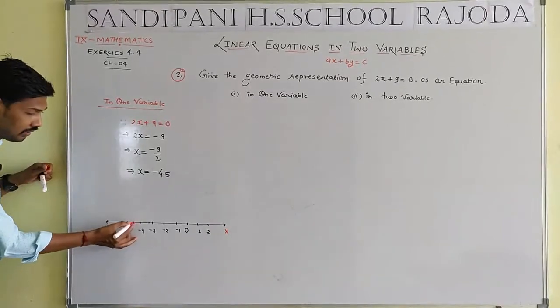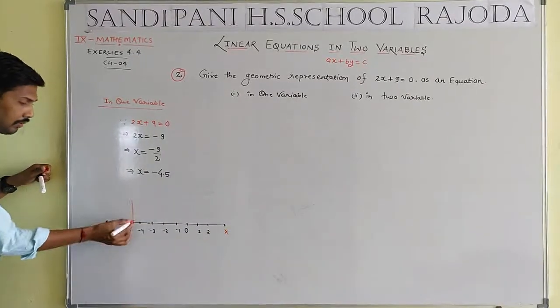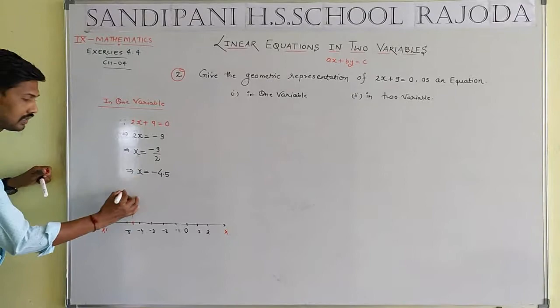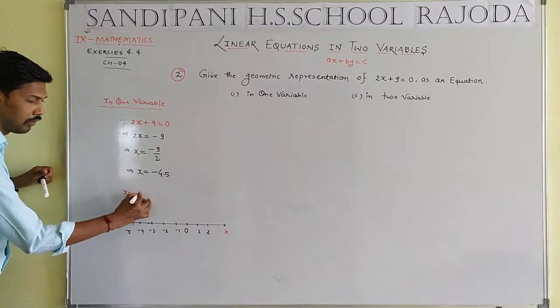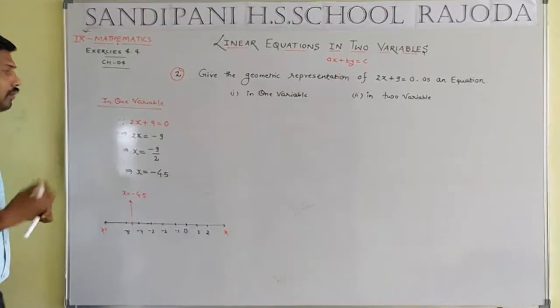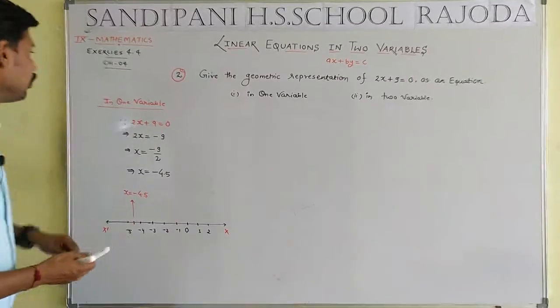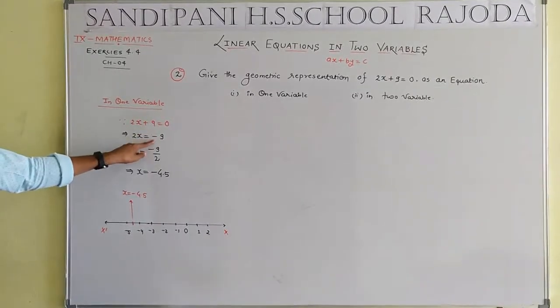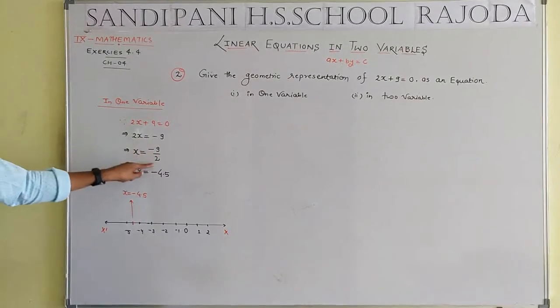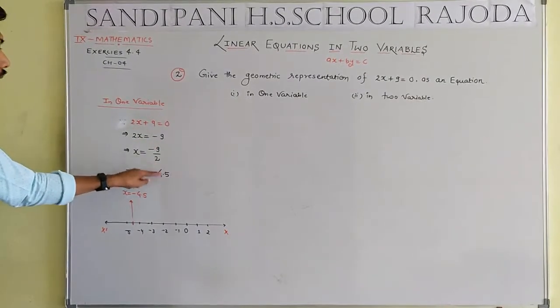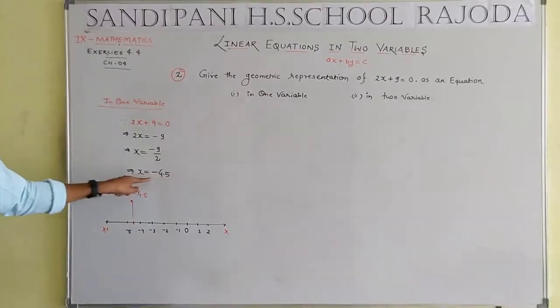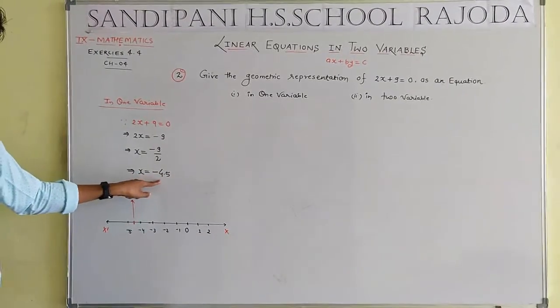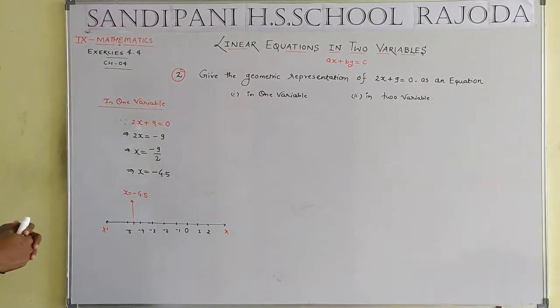Students, here we represent the value of x equal to negative 4.5. Again, 2x plus 9 equal to 0, such that the positive converts into negative, and dividing, half of 9 is equal to 4.5, such that x will be equal to minus 4.5.